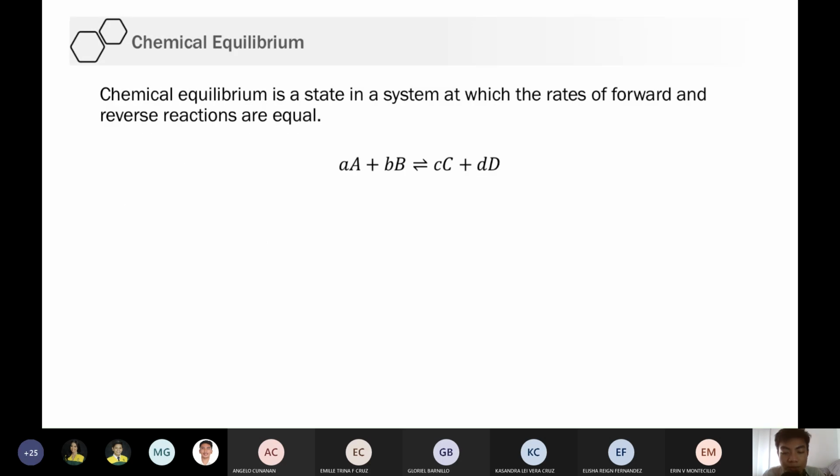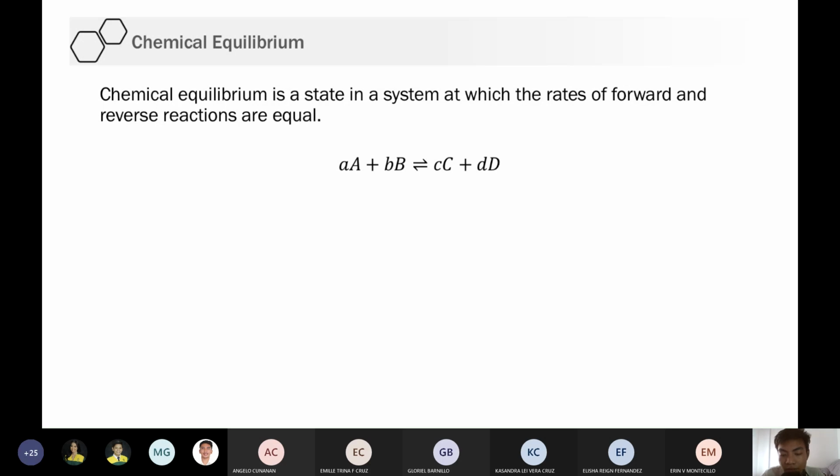So again, as I told you, equilibrium reactions are reactions in which your reactants are converted to product, but at the same time, your products are being converted to the reactant. So, kumbaga, meron tayong dynamic process. Dynamic because parehas yun nangyayari.